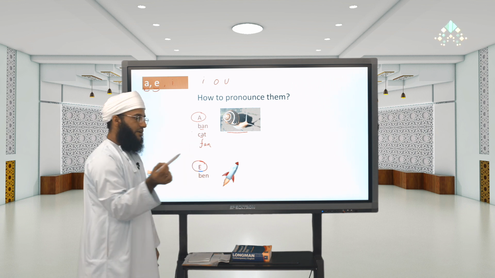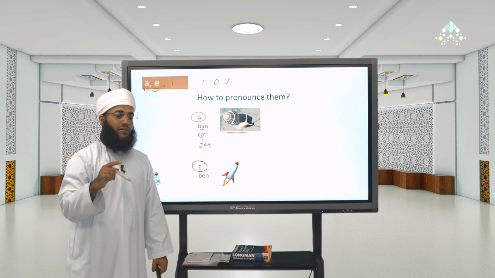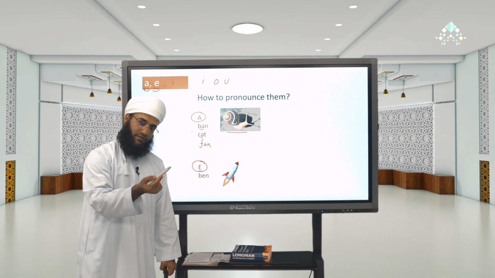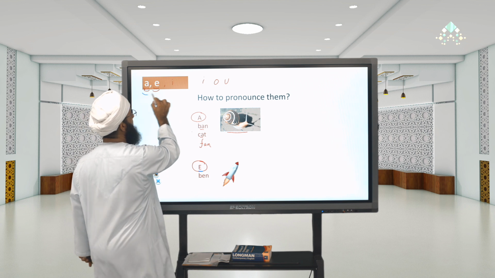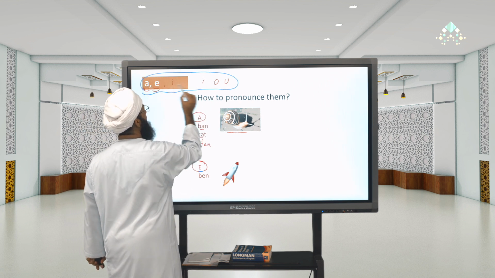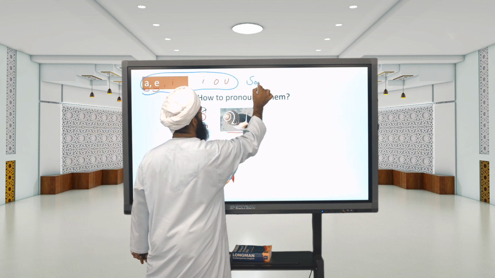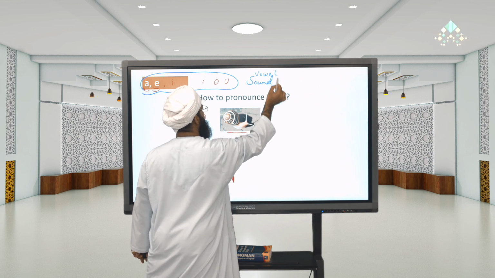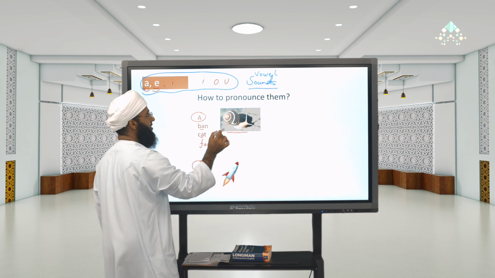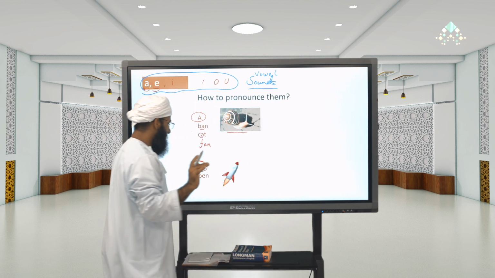The vowels are not the letters. The vowels mean the sounds, okay? Don't get confused. These are the vowel sounds. It's very important.